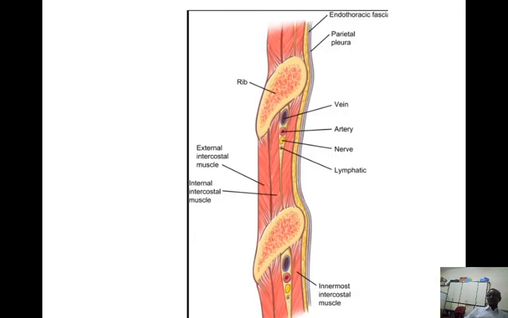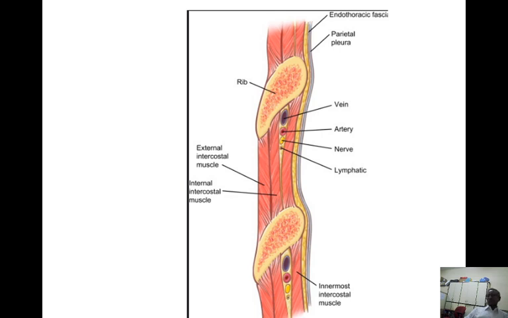Here we are seeing in this figure the origin of the external intercostal is from the lower border of the upper rib, and the insertion is the outer border of the upper surface of the lower rib. The internal intercostal muscle is from the intercostal groove of the upper rib, and the intermediate area of the upper surface of the lower rib.